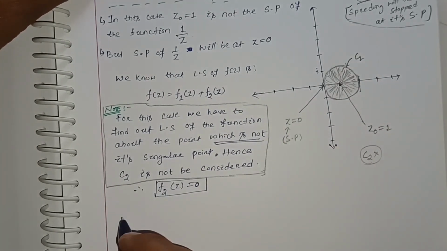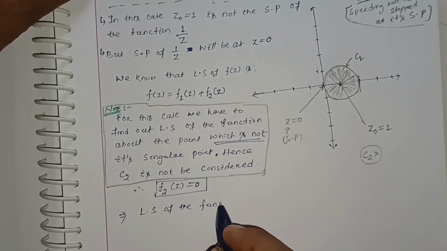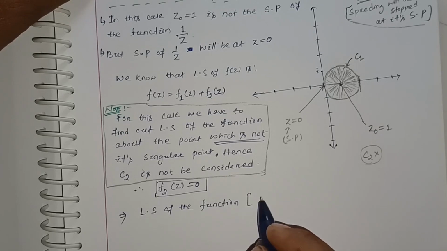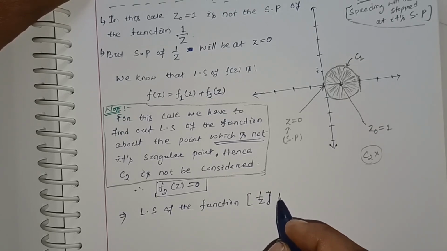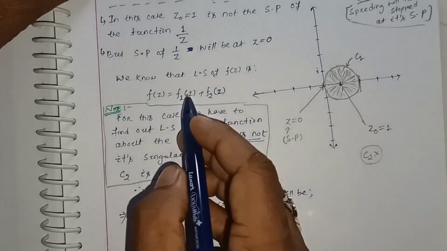So that implies the Laurent series of the function, that means 1 by z, will be only f1(z).